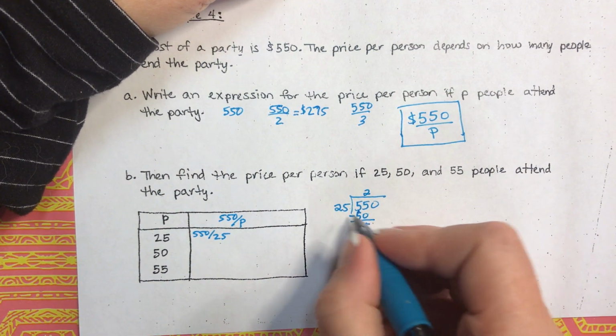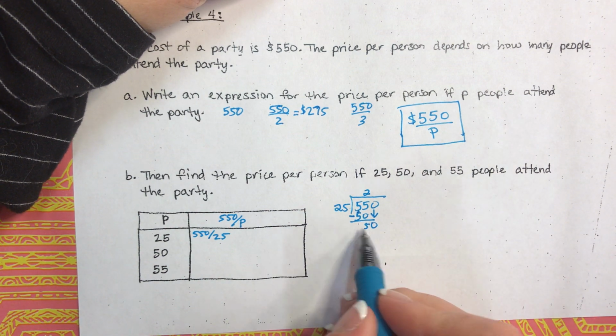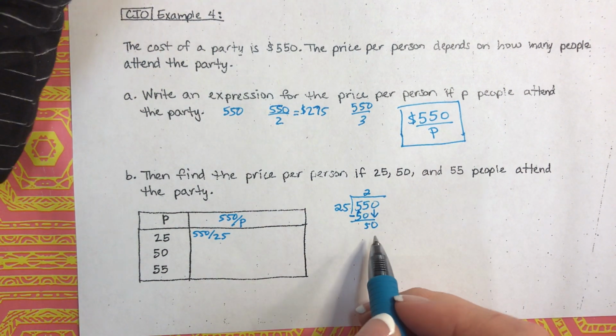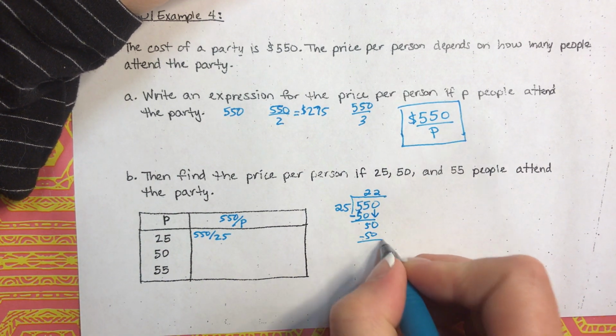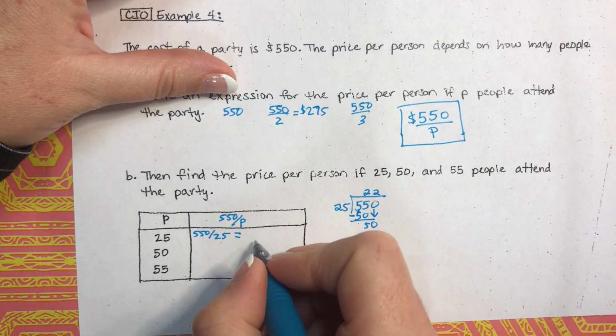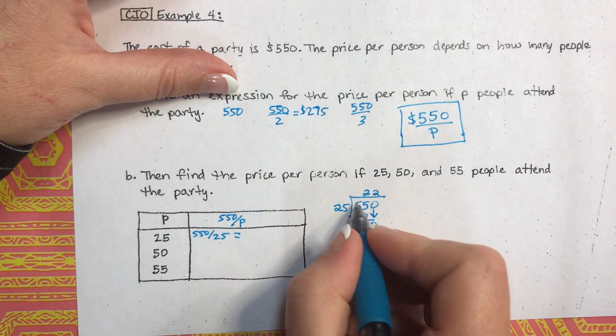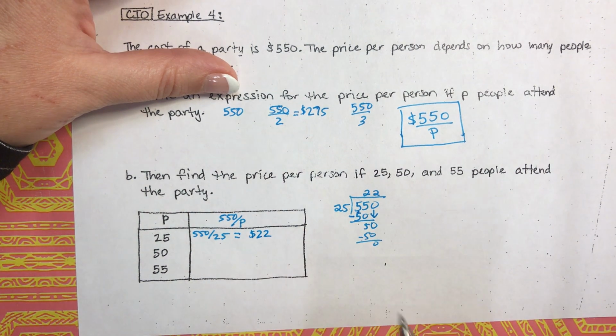Okay, there's a remainder, it's less than 25. That's good. So I drop down the 0 here. And then I ask myself, how many times does 25 go into 50? It goes in twice. 2 times 25 is 50. Subtract. Boom, no remainder. So that's our answer. If 25 people go, the price per person will be $22.